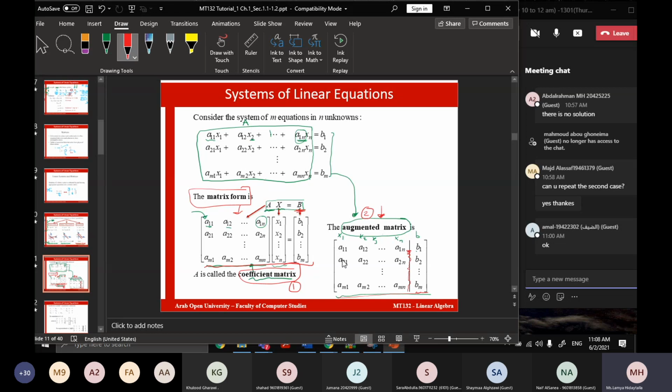If he says the coefficient matrix, that means he's giving me only this part. If he said this is the augmented matrix of a linear system, that means he's giving me all of this, the coefficients and also the constant terms here. Clear? Any question for now? Do we know clearly what the matrix form is, what the augmented matrix is, what the coefficient matrix is? Any question?